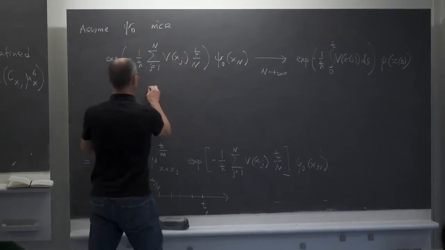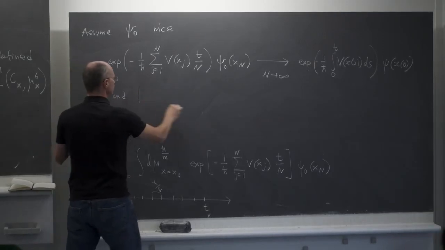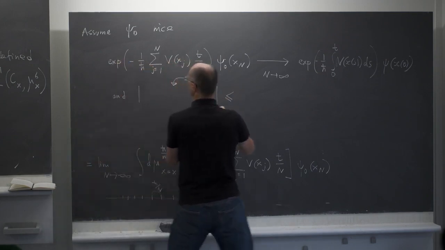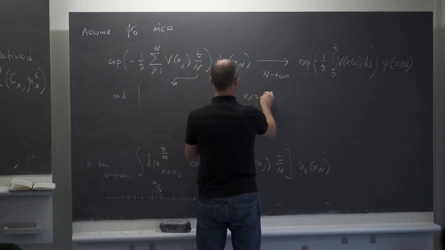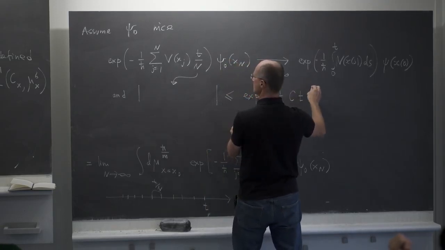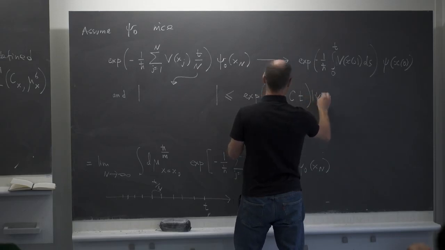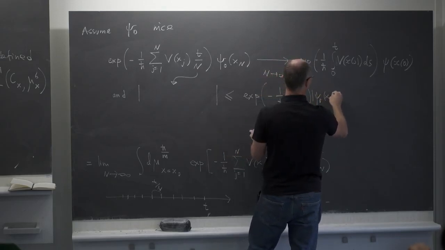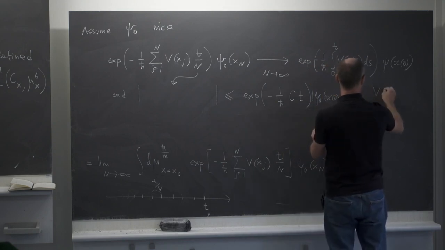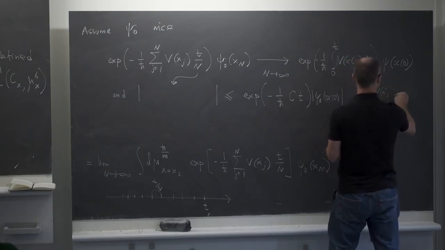And the absolute value of this thing is bounded by exponential of minus 1 over h, c times t, times psi naught of x of 0, where c is a lower bound on the potential.